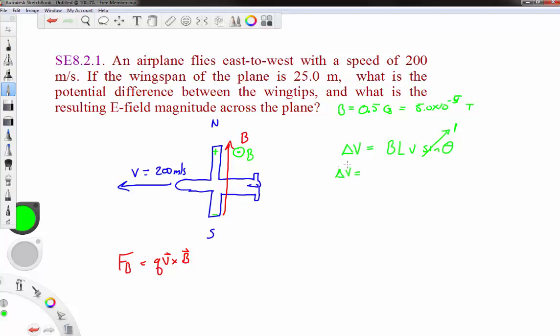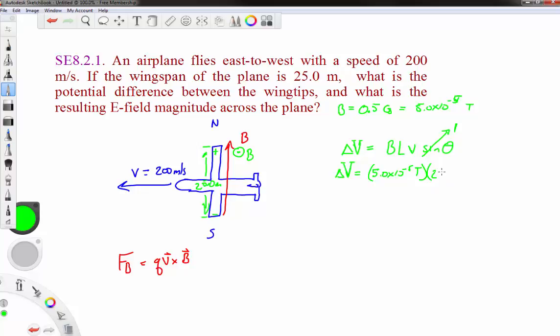So the induced voltage, this is a capital V, as distinct from the lowercase v that we're using for speed, will be 5.0 times 10 to the minus 5 Tesla times the distance between the two wings. These two wings are 25.0 meters apart.